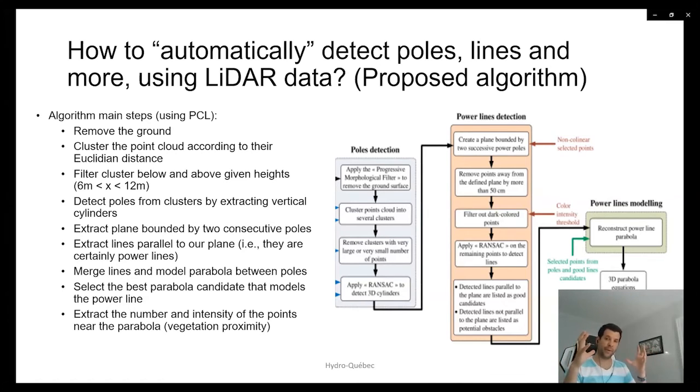So we take that point cloud, and we use the PCL library, which is free, in order to remove the ground. By doing that, we reduce the amount of data by 60%.